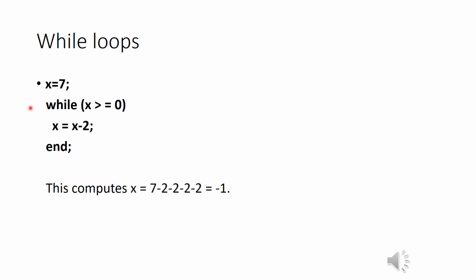The while loop starts from here and ends here, and this is the result. It computes x, and like this we keep decreasing it by 2 until the condition x is greater than or equal to 0 is no longer satisfied, and it gives us minus 1.